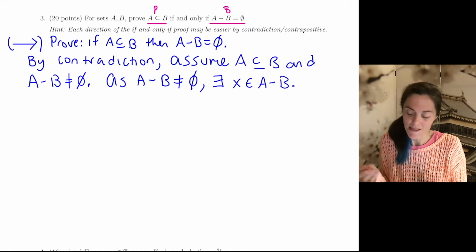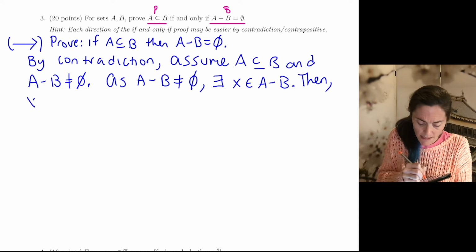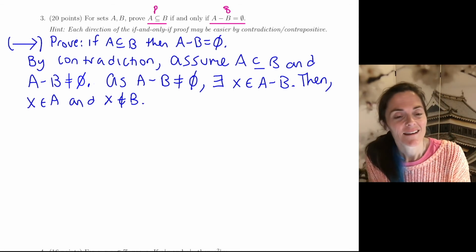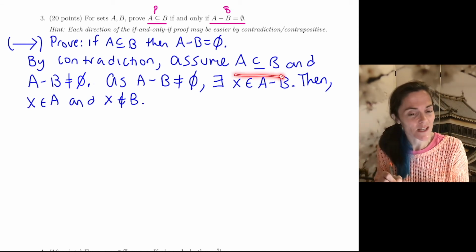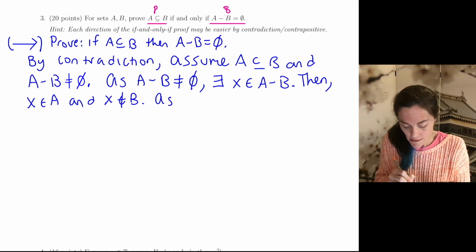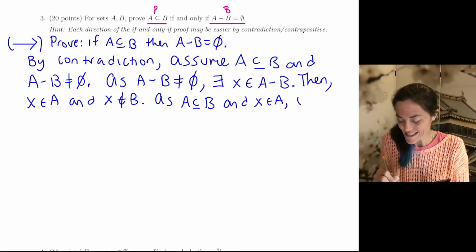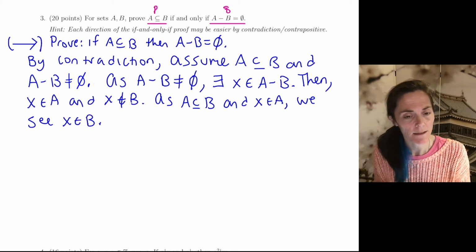Now let's translate what this means. By definition, this means X is in A and X is not in B. Well, we have to use this assumption, which we haven't used yet, that A is a subset of B. As A is a subset of B and X is an element of A, we see X is an element of B. And now you see our contradiction.